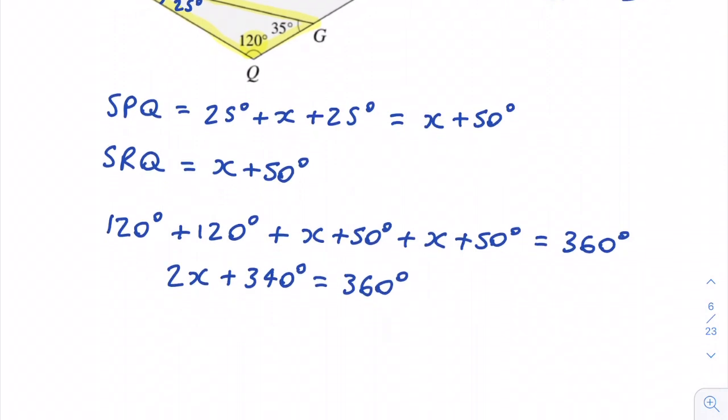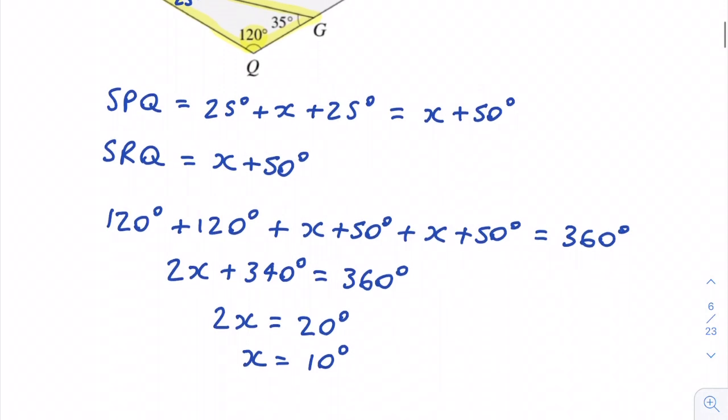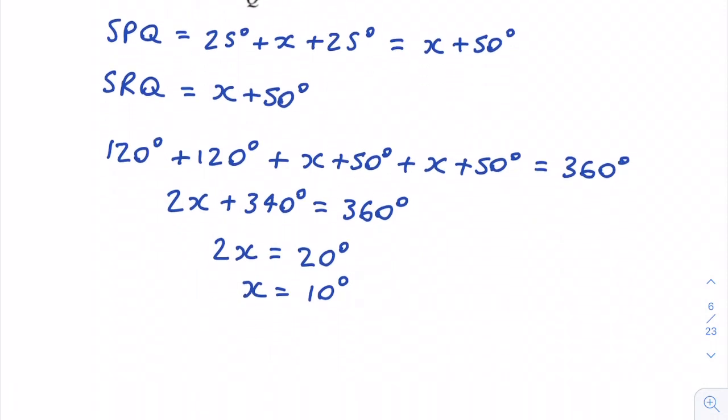Now we can subtract 340 degrees from both sides, so we get 2x equals 360 minus 340 degrees. That's 20 degrees. And now we can just divide both sides by 2, so we get x equals 10 degrees. So angle FPG is also equal to 10 degrees.